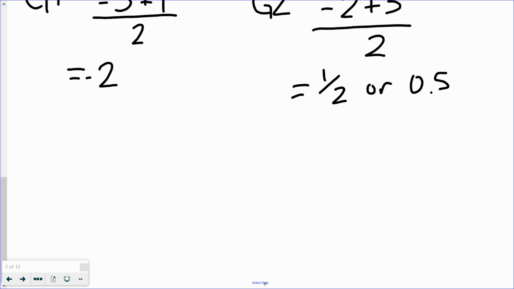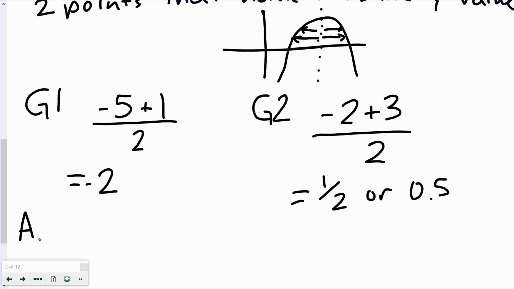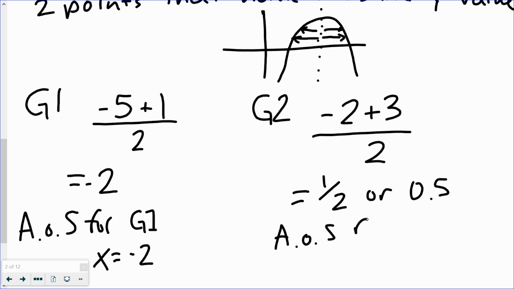So the axis of symmetry for graph 1 is the line x equals -2, and the axis of symmetry for graph 2 is the line x equals 0.5 or x equals +1/2.